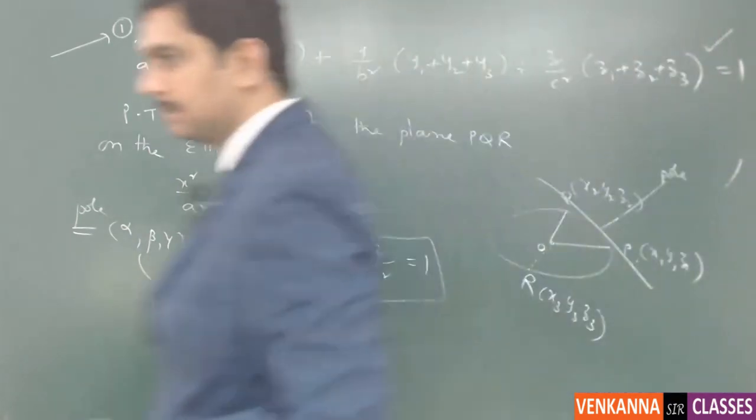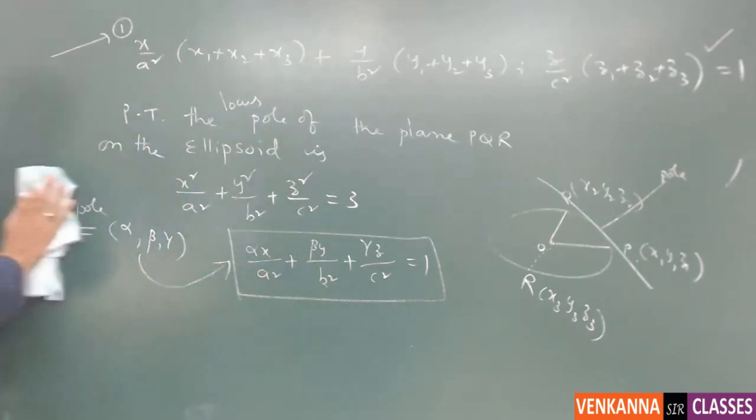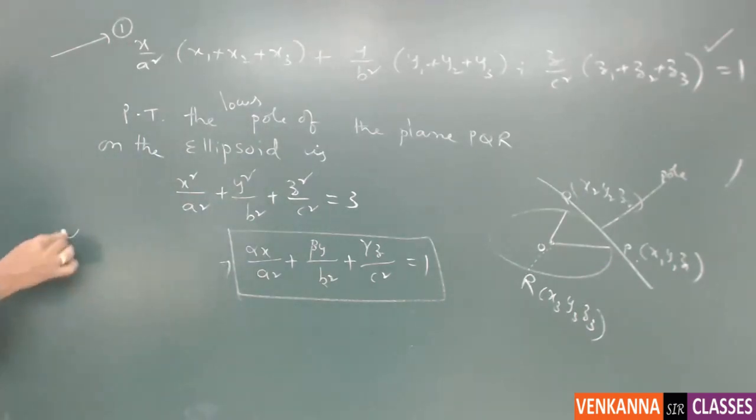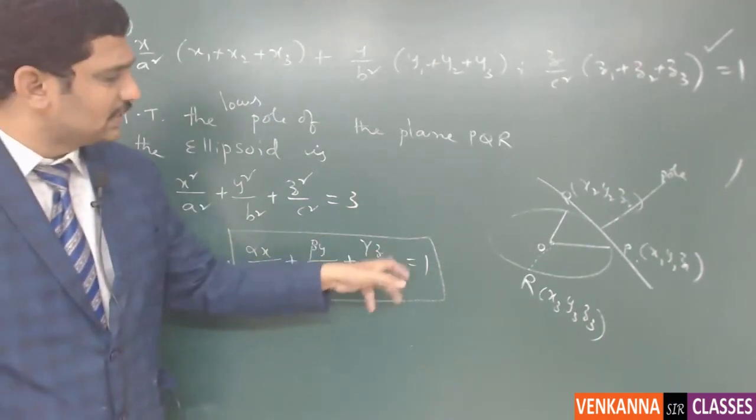What happens? Then let us compare the respective coefficients. You compare the coefficients of alpha, beta and gamma there. So if you compare the coefficients, in other words, you are taking the coefficients of x by a square, y by b square, z by c square.